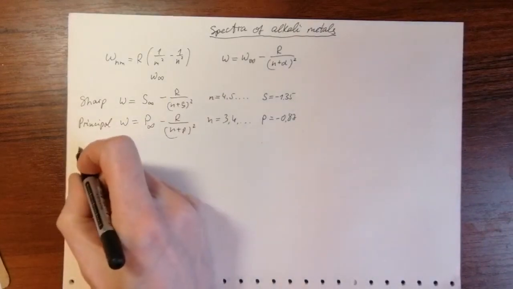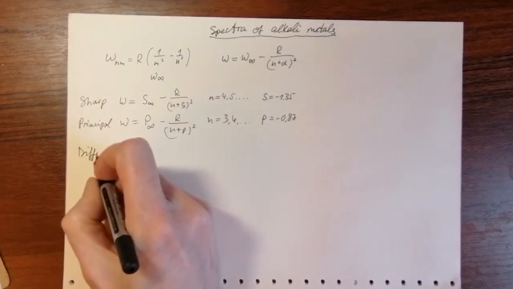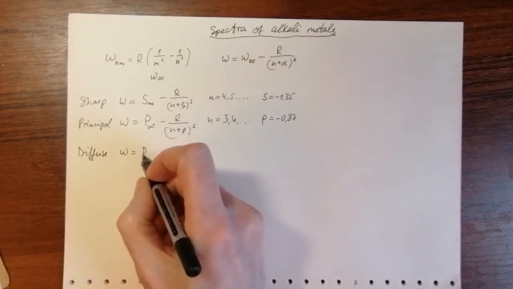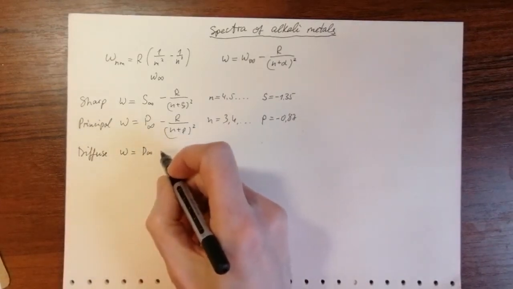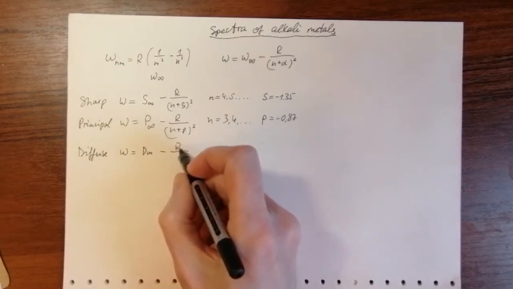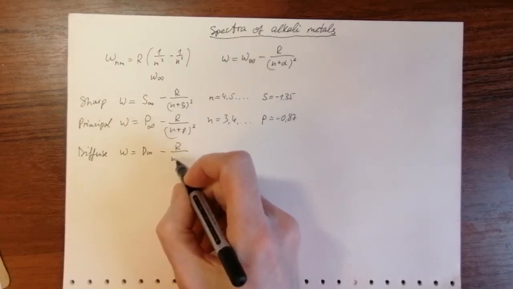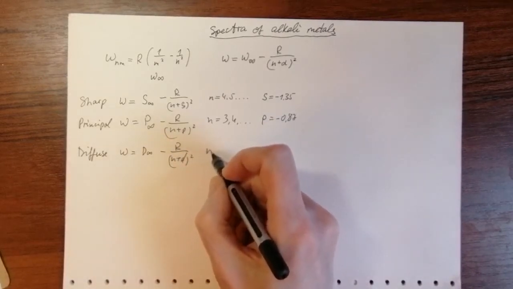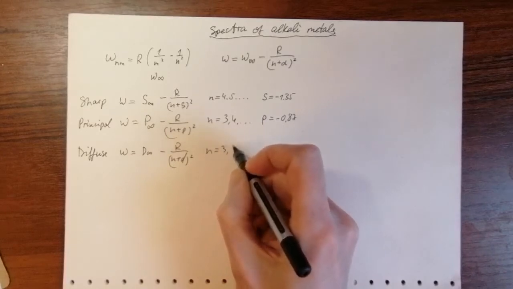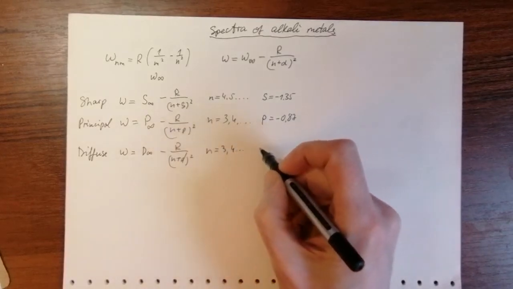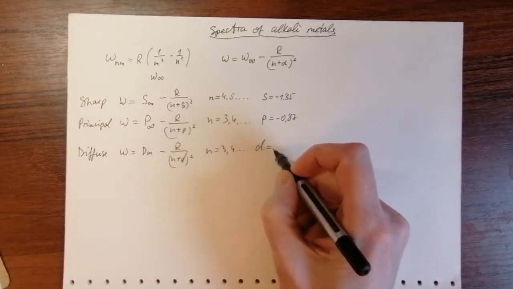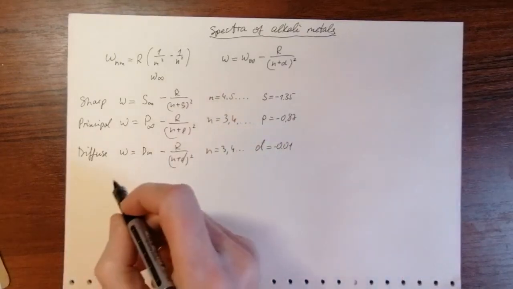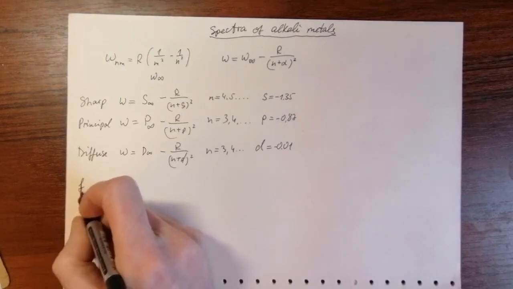Next is diffuse, where omega is g infinity minus Rydberg constant divided by n plus g squared, n starts also from 3, 4, and so on, and g is minus 0.01.